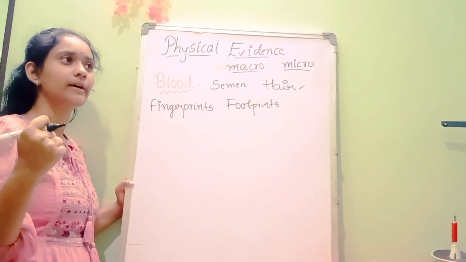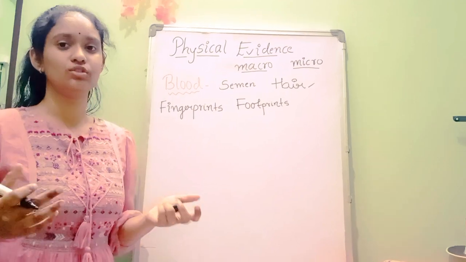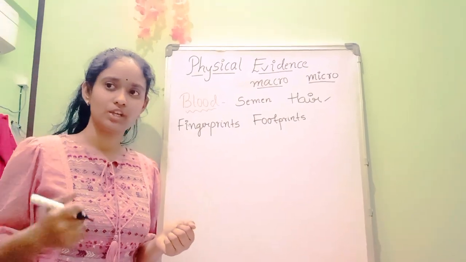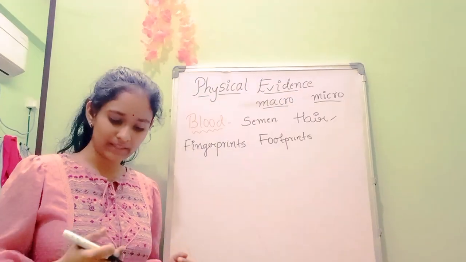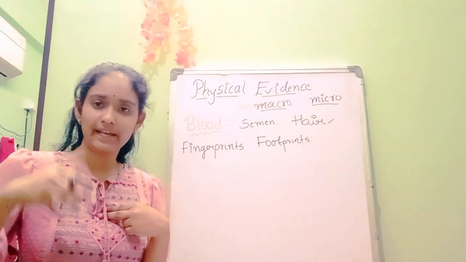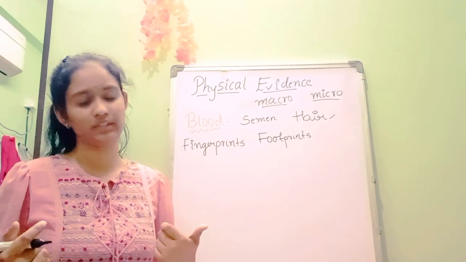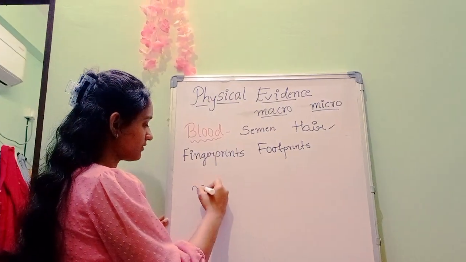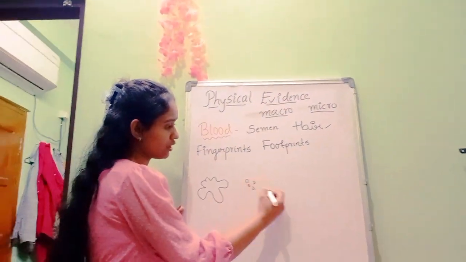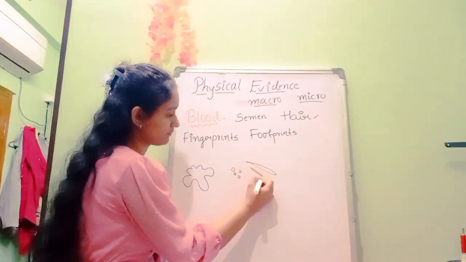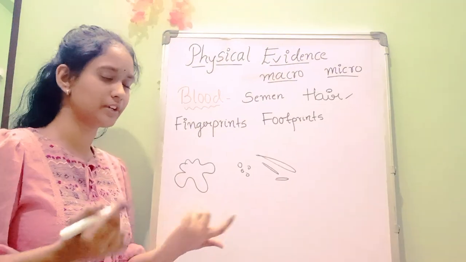If the person who committed the crime has used a firearm like a gun, and shot at 45 degrees or from a long distance, then by the design of the blood that has fallen on the ground, we can detect everything. Sometimes the blood will be like this, or sometimes like this, or sometimes like this also, if it is from far. There are different types in that.